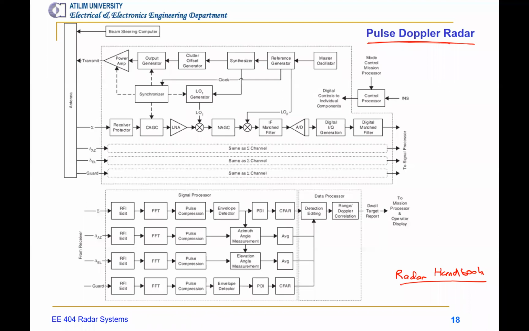As you can see, it's quite a complicated system. We have an antenna system here, which is typically electronic. It has electronic scanning where there are transmit-receive modules. And there is going to be beam steering, of course. And we can see the transmitter chain in here and then the receiver chain where there are actually 4 different channels.